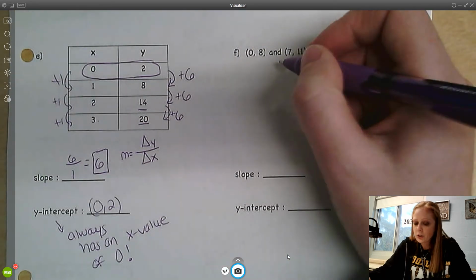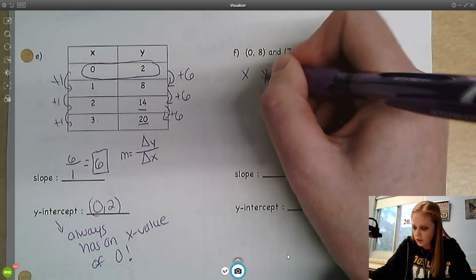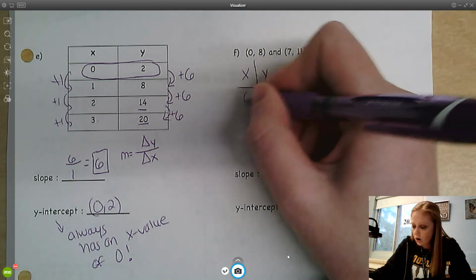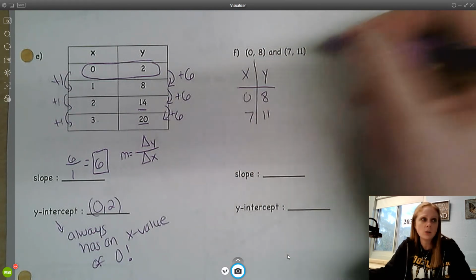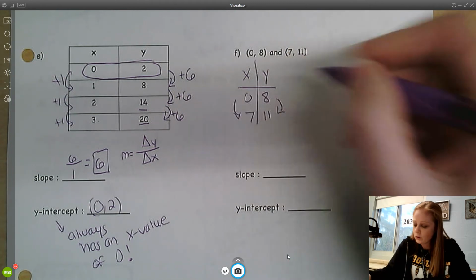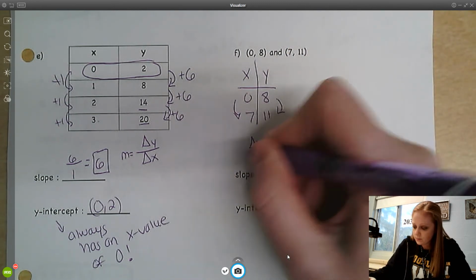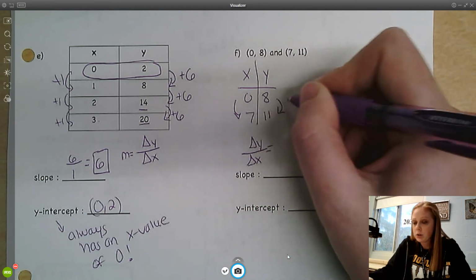Okay, 2 points. So when you're given 2 points, you can use the formula or you can make a table. So I'll do both just to remind you, see which one you like better. In our table, we just list the points. So 0, 8, 7, 11, all right, x, y, x, y. Change in y over change in x. To get from 8 to 11, 8 plus what equals 11?